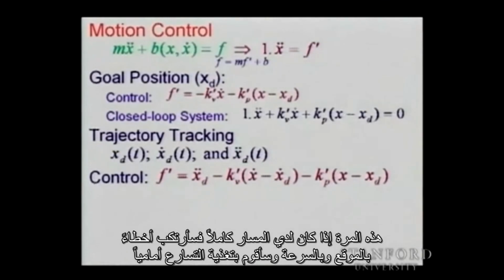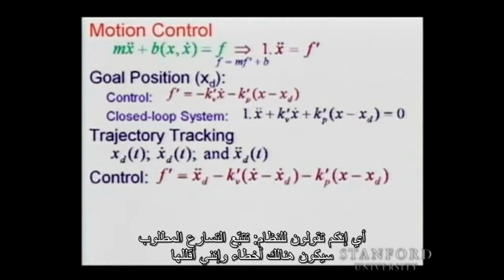So here is the controller. This time, if I have the full trajectory, I will form errors on the position, on the velocity, and I would feed forward the acceleration. So essentially, you are telling the system, follow this desired acceleration. There will be errors, and I'm tightening these errors.